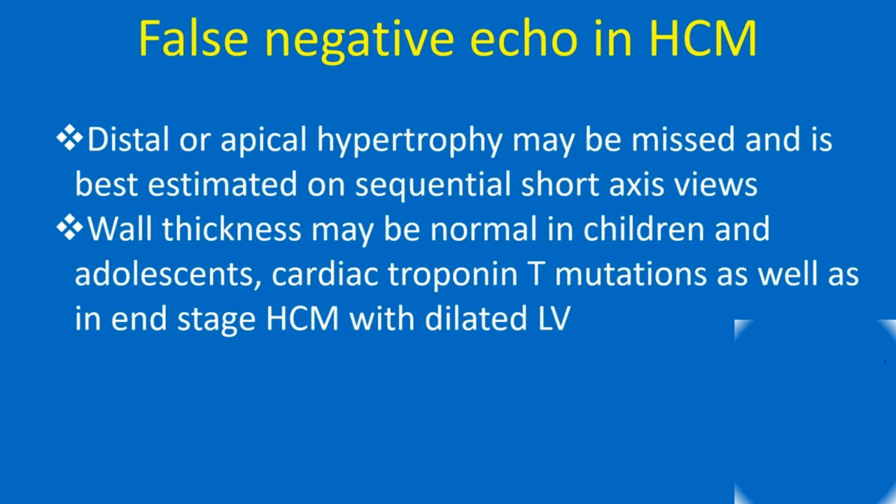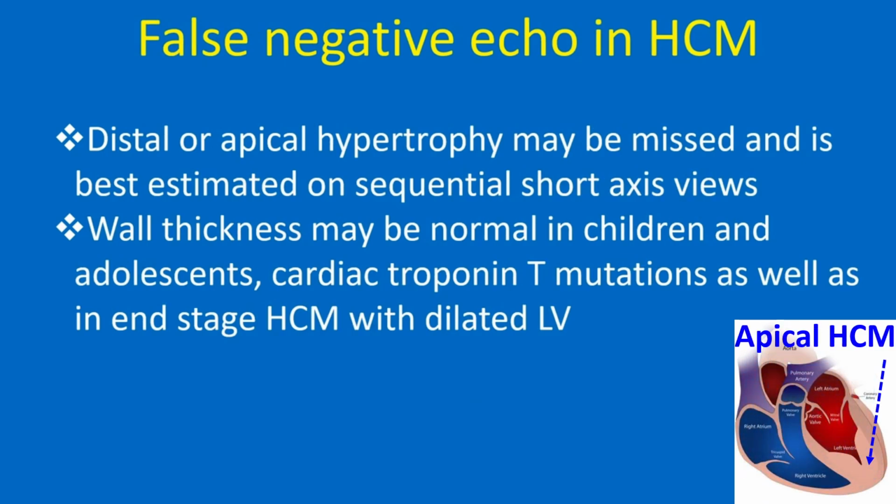Distal or apical hypertrophy may be missed and is best estimated on sequential short-axis views. Wall thickness may be normal in children and adolescents, in cardiac troponin T mutations, as well as in end-stage HCM with dilated LV.